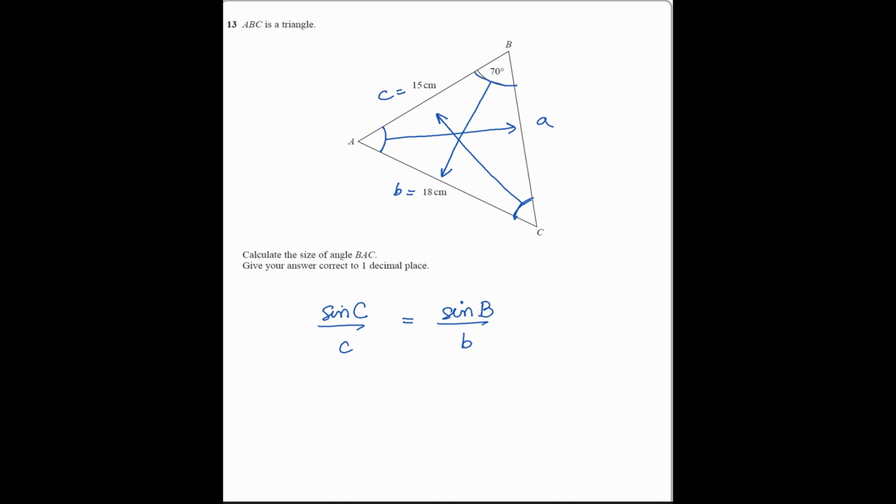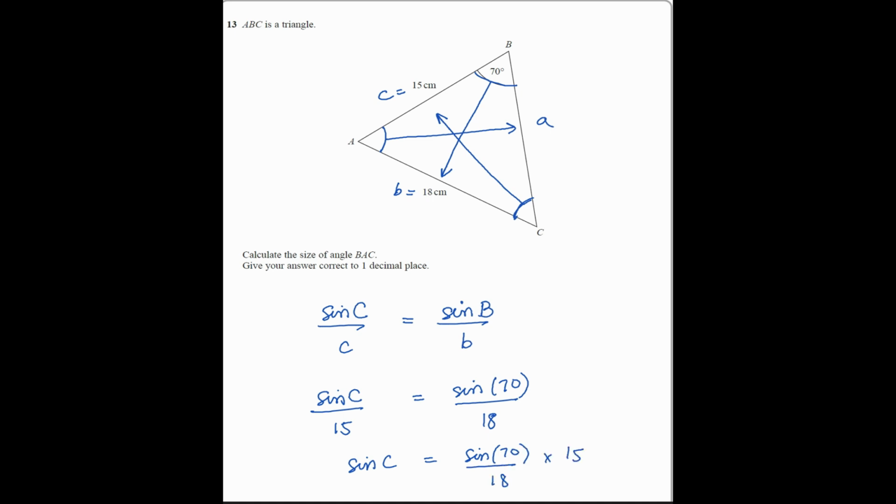Small b means the side 18 centimeters, small c means 15 centimeters. So sine C over small c, which is 15, equals sine B, which is 70, over small b, which is 18. Now we can do sine C equals sine 70 over 18 multiplied by 15.